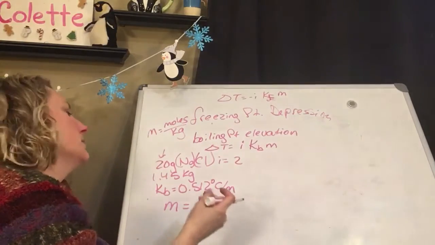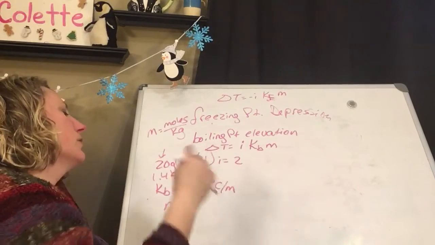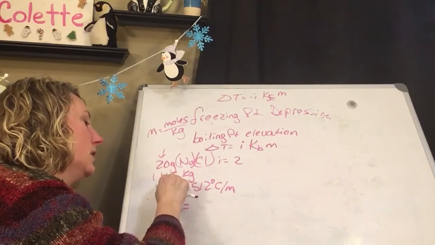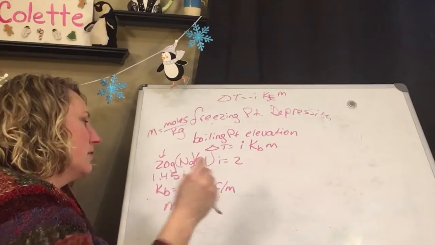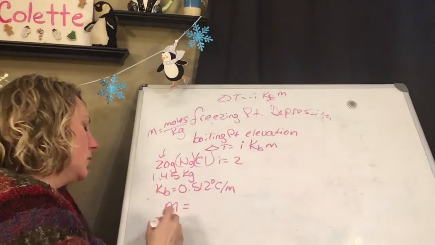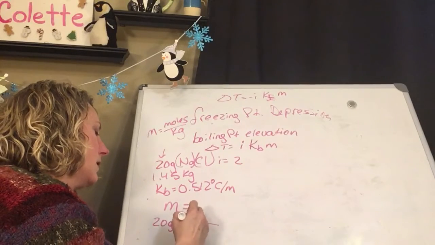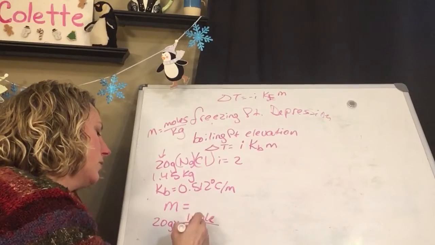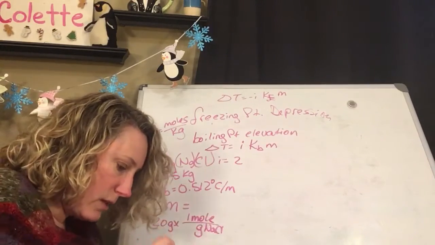Our m is going to be the moles of sodium chloride over the kilograms of solvent. They already gave us the kilograms of solvent, but they didn't give us the moles of sodium chloride, so we have to take 20 grams times 1 mole over grams of sodium chloride. And what was that? 58 something.